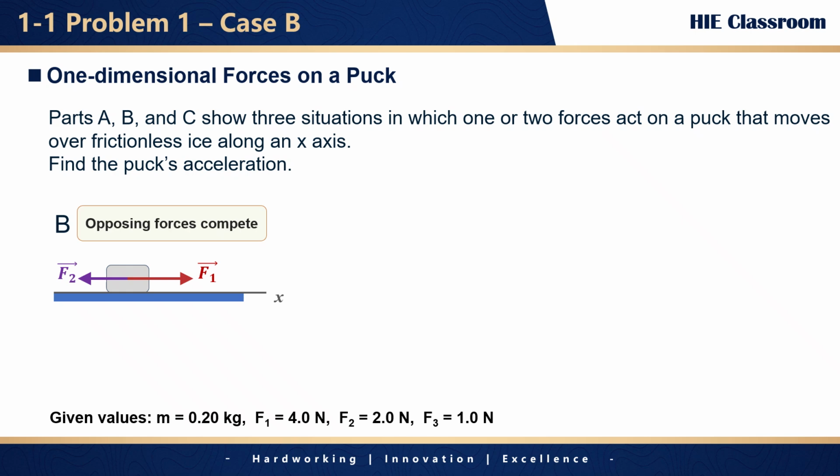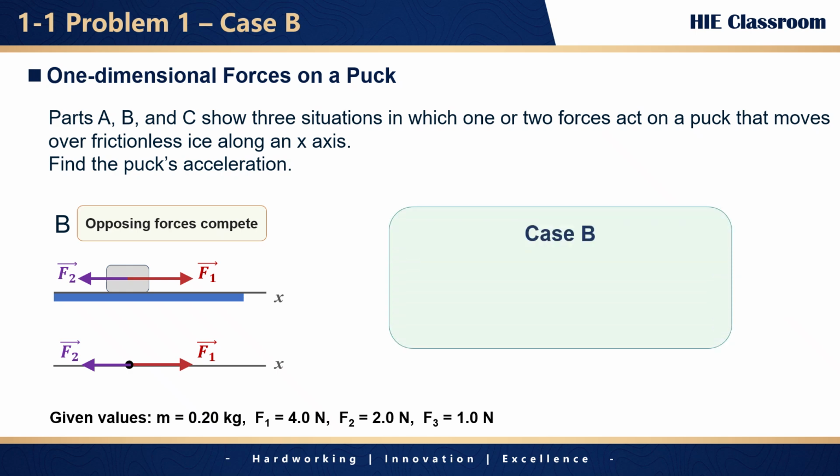Now let's look at case B. In this situation, two horizontal forces act on the puck. F1 in the positive x direction and F2 in the negative x direction. Its free body diagram is shown here. In Newton's second law along the x-axis, we will have F1 minus F2 equals max.